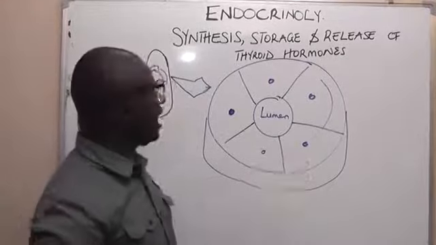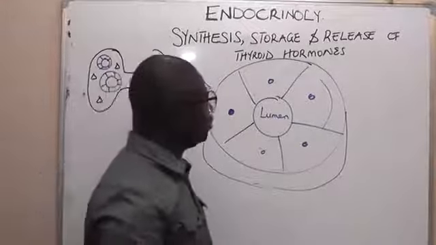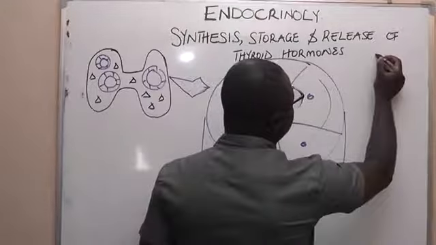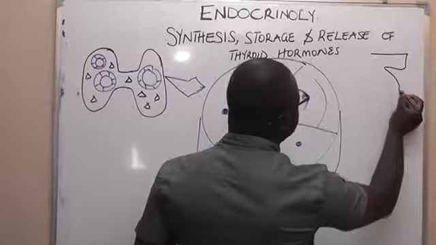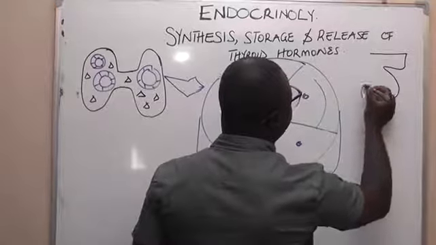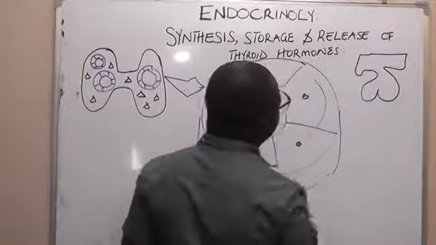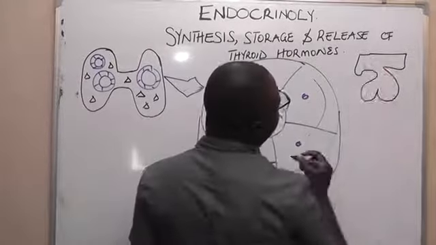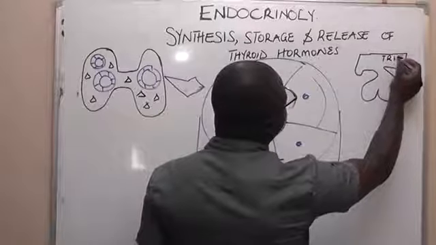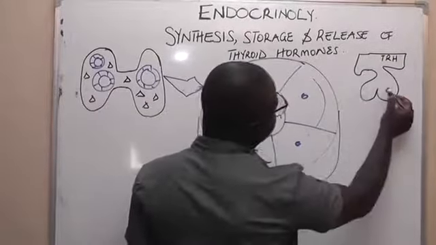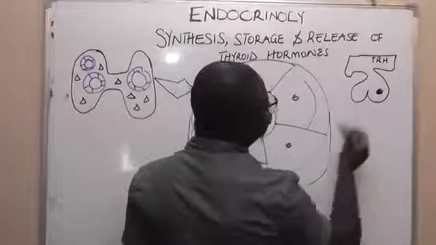and these hormones act on some cells in the anterior lobe of the pituitary gland. All right. So let's assume this is your hypothalamus, and this is your thyroid gland. Now, this hypothalamus releases a hormone known as thyroid-releasing hormone, and then there are some cells here called thyrotrophs.